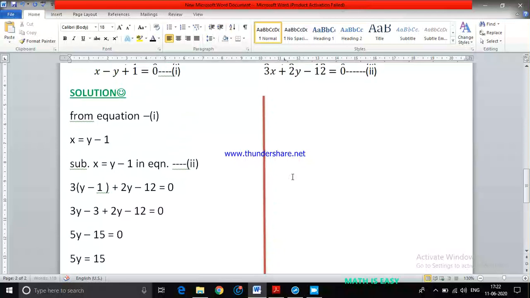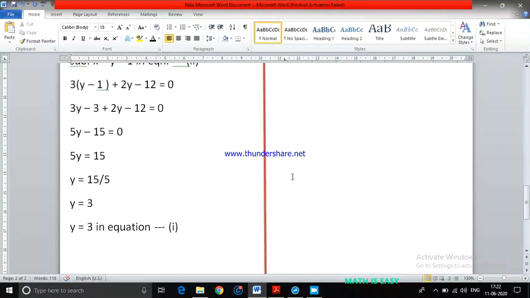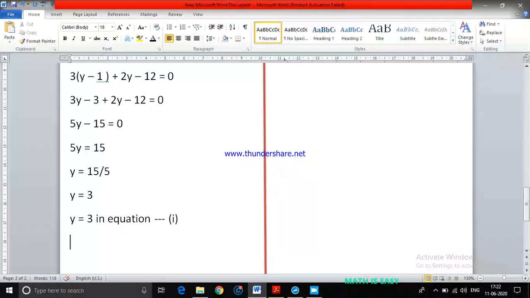If I substitute y equals 3, what is equation number 1? x minus y plus 1 equals 0. x minus 3 plus 1 equals 0. So in equation 1 I am replacing the y value with 3.